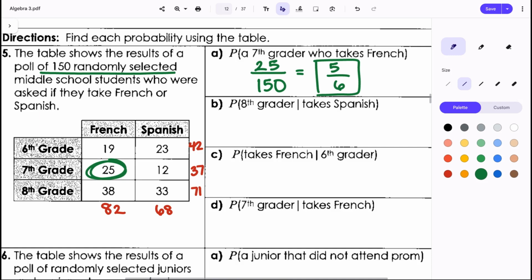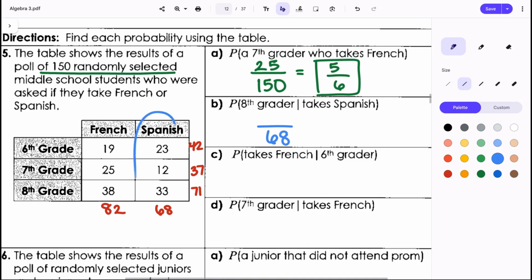So B wants us to find the probability of getting an 8th grader given that they take Spanish. So we're going to start with all the kids who said they take Spanish. How many kids total take Spanish? 68. So that goes on the bottom.